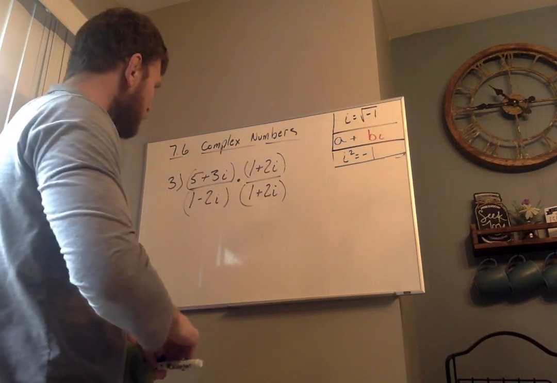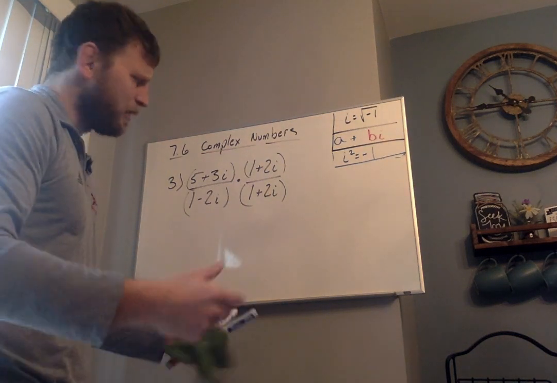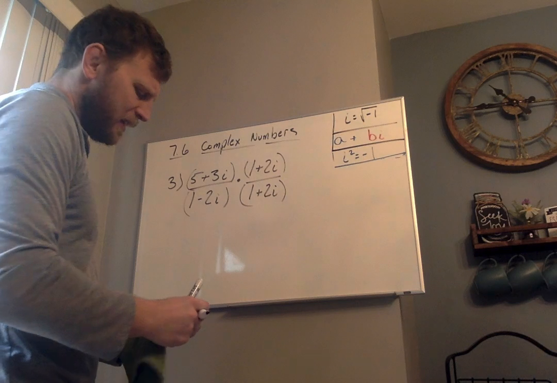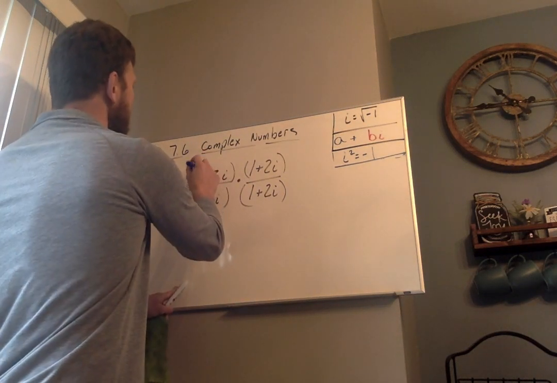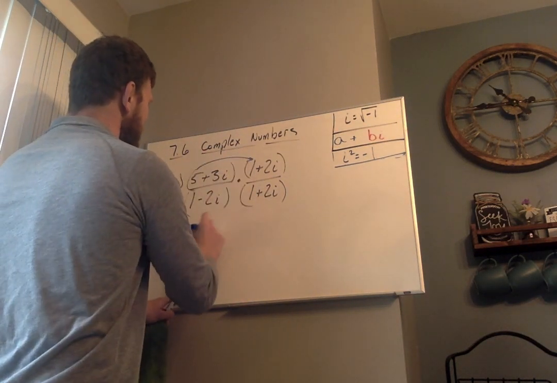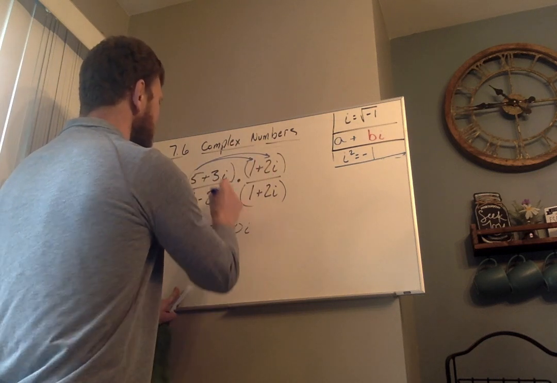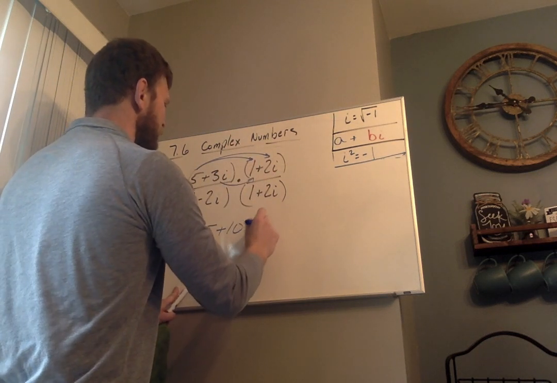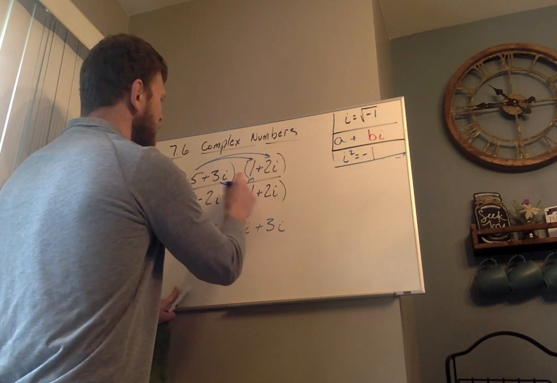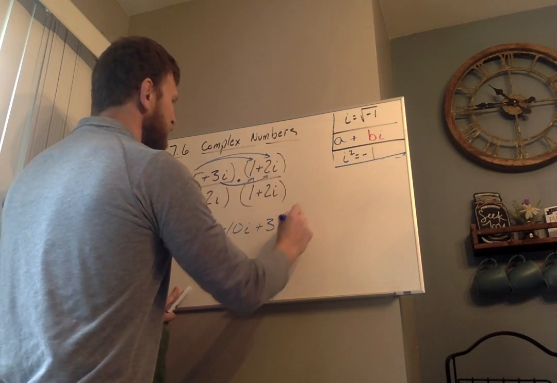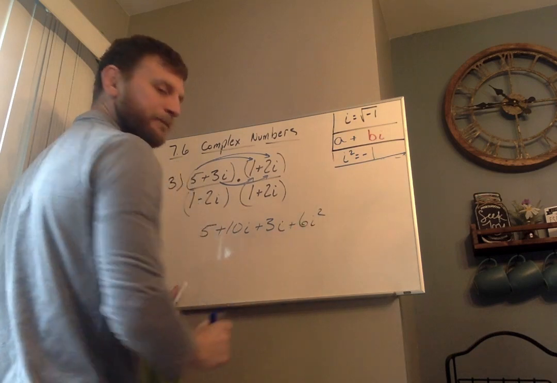Okay. So I'm going to try and do this all on one whiteboard here. So on top, we're going to have 5 plus 10i plus 3i plus 6i squared.